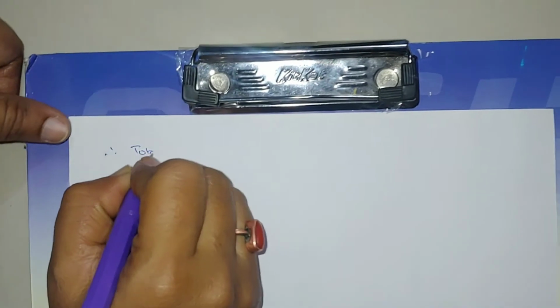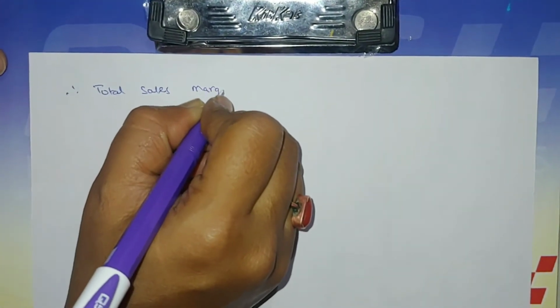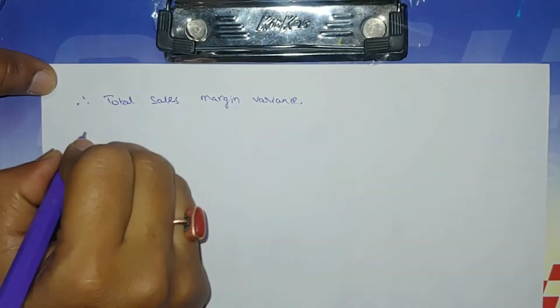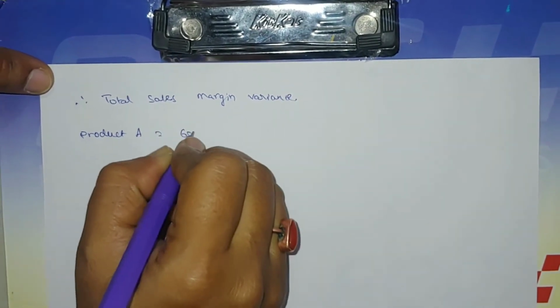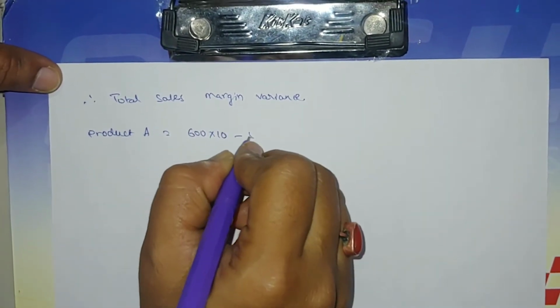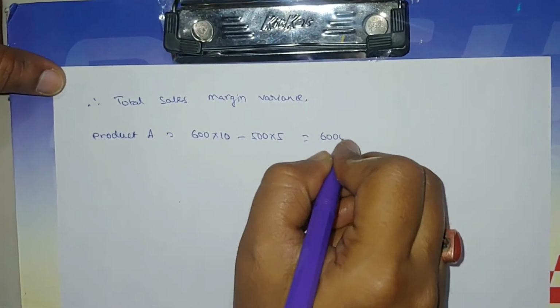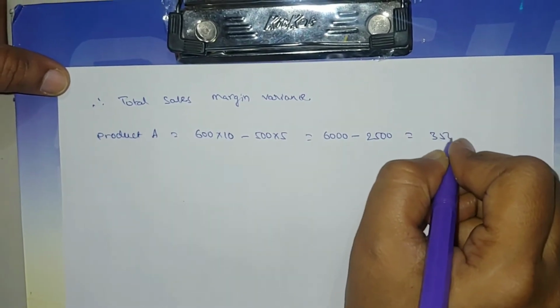Therefore, total sales margin variance. Product A is equal to 600 into 10 minus 500 into 5, which is 6000 minus 2500, equal to 3500.